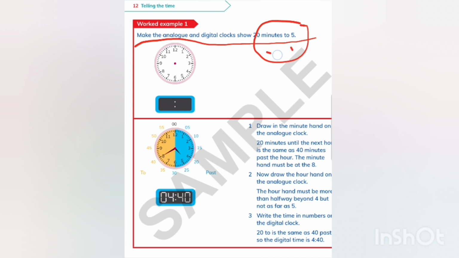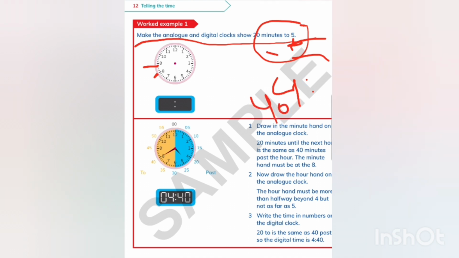If the question is to 5, it means 5 is not on the clock, so on the clock this is 4 o'clock. And when 20 minutes are left, this is 15 minutes, and there is 20. It means that it is 4:40.